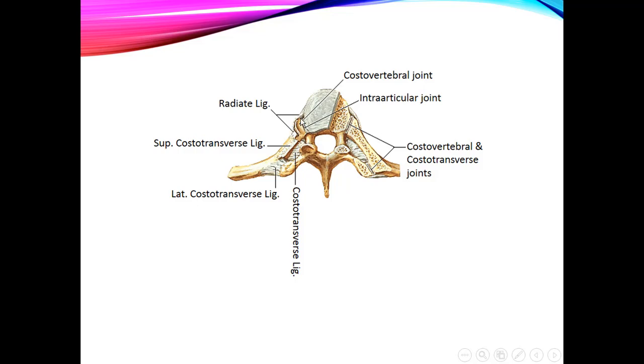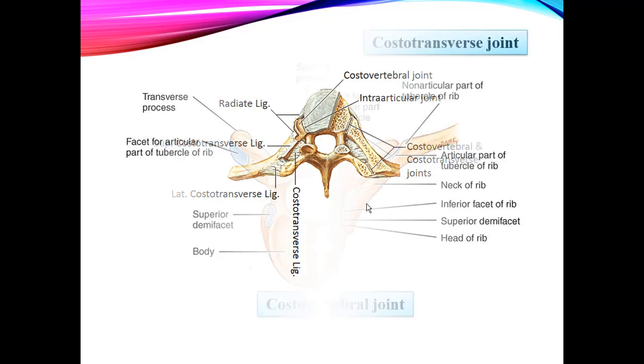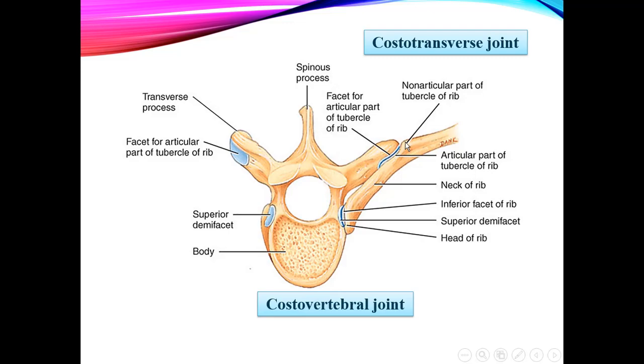Here is the radiate ligament, and here is the lateral costotransverse ligament. Remember that the lateral costotransverse ligament attaches to the non-articular part of the costal tubercle to support the costotransverse joint.